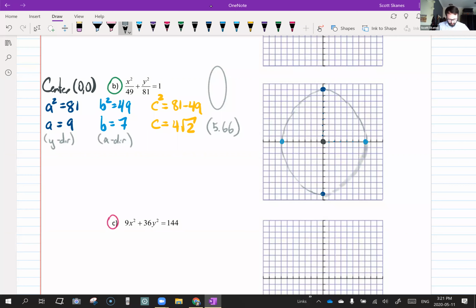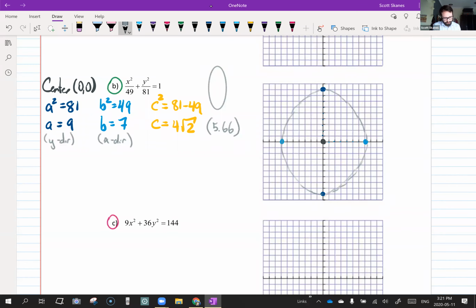Oops, not sure what happened there. I think I have a special function on my pen that I haven't used before. Okay, close enough. I mean, I'm left-handed. I kind of ended up doing a bit of a weird thing there, but good enough. Hopefully that's clear. You can see the B is the minor axis. The 9 is the A, the major axis, going up by 9, and so on.